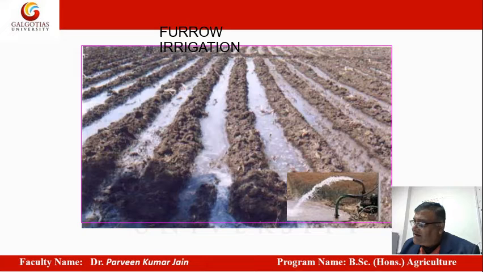The water is coming up, it is flooding, and then it is going down as seepage, runoff, infiltration, and all kinds of water loss, and ultimately you say the field is irrigated.